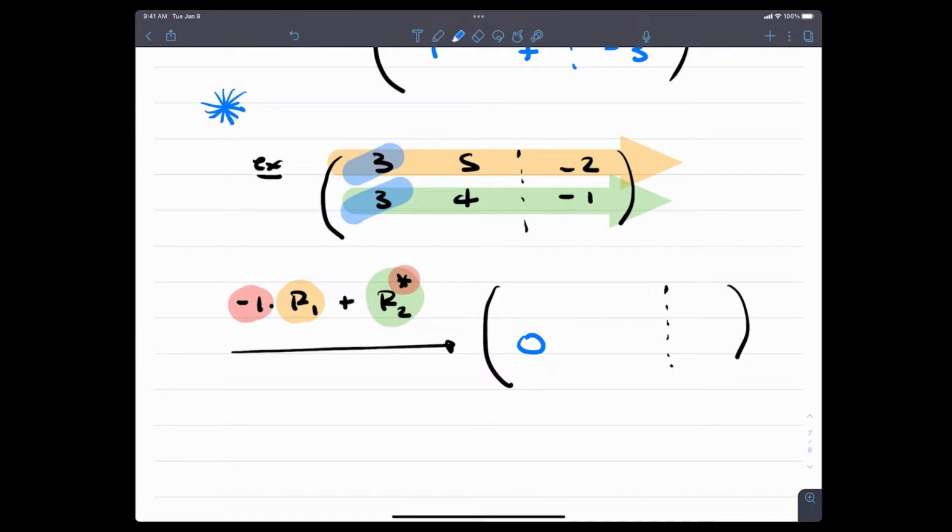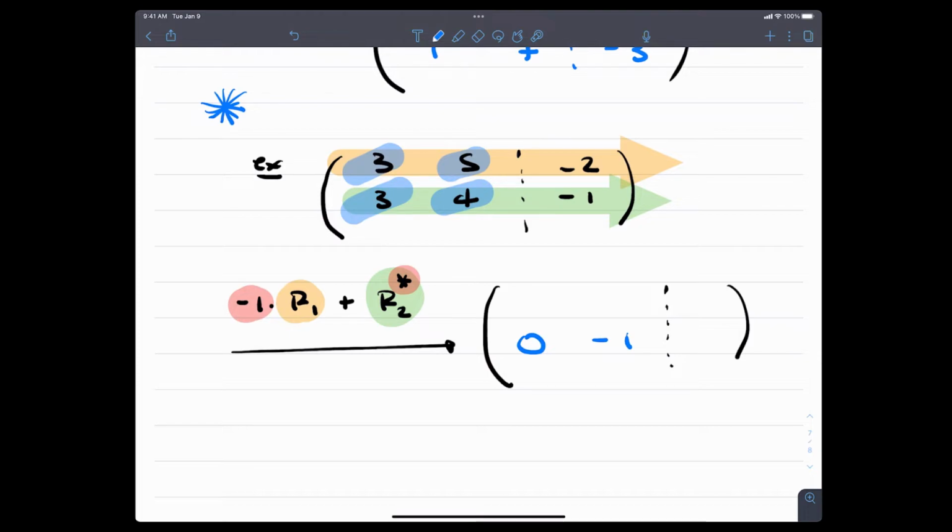Negative 1 times positive 5 is negative 5. What's negative 5 plus 4? Well, negative 1 times positive 5 is negative 5. Plus 4 is negative 1. Where do you put your answer? Okay, good.